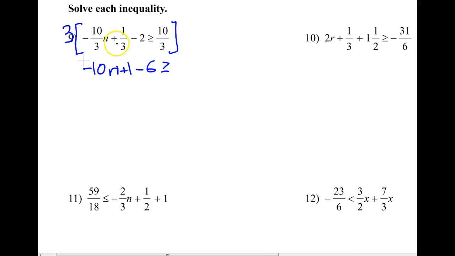Sign stays the same. And 3 times 10 divided by 3 again. In a sense, the 3 I'm multiplying by just cancel out all these denominators. And I just have to multiply this by 3. So it doesn't have denominators. So after that, this is the same as the problem on the front.